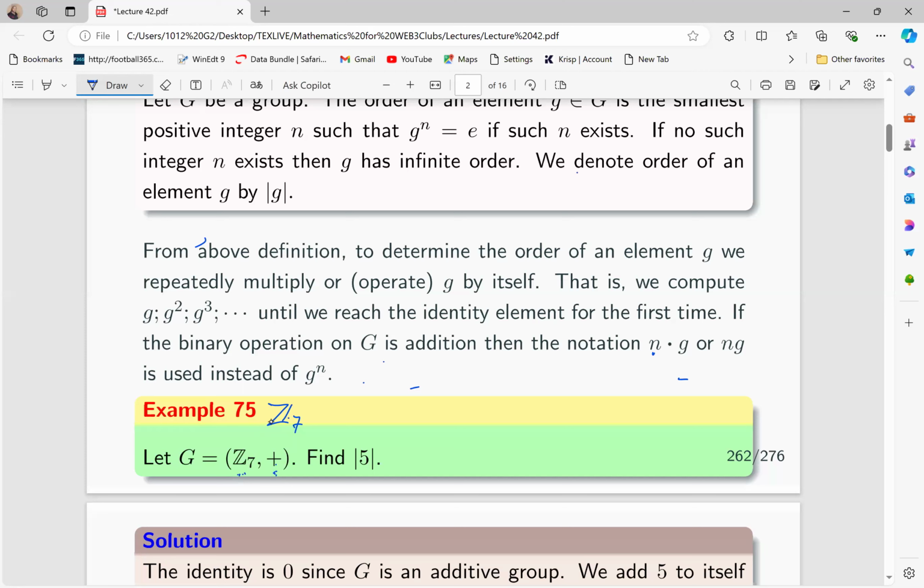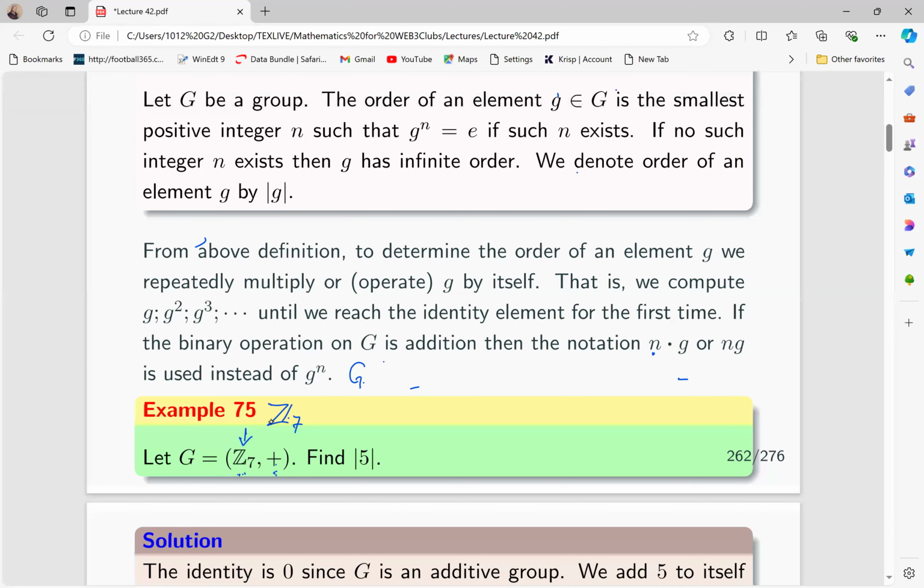Now, if it's not a group mod n, suppose it's just G. This one you can easily tell is an additive group. But if somebody had just given G like that, without mod 7, this person is supposed to tell us that it's a group under addition.